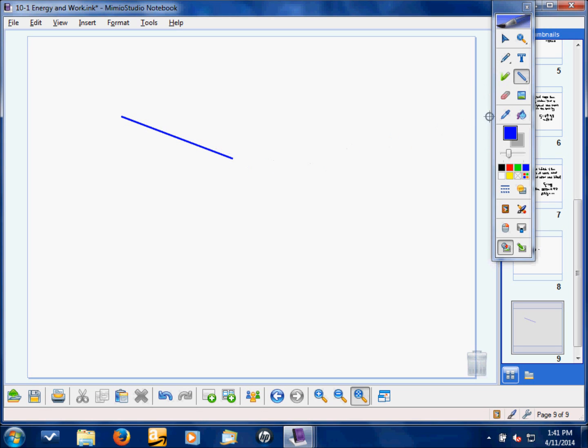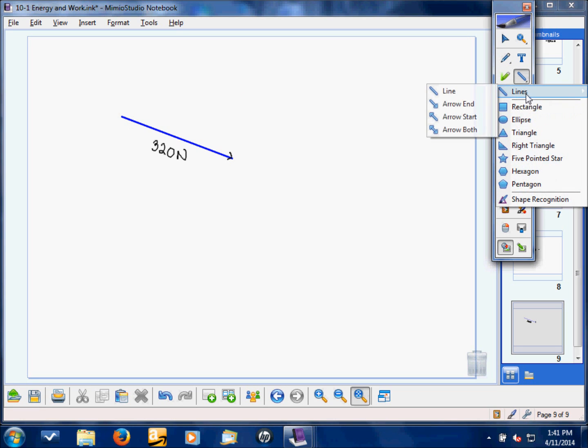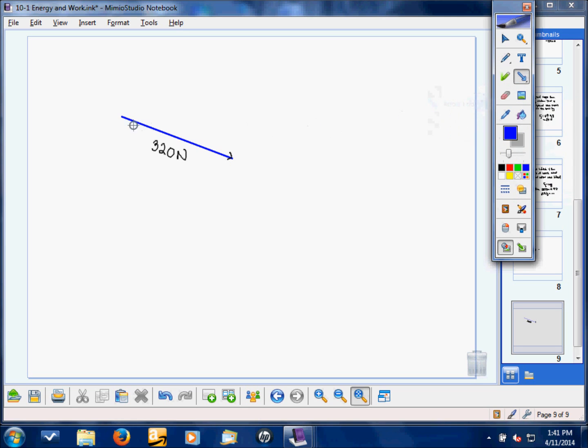Say that this one is a 320 Newton force, and it gets broken down into its components: a sideways component and a downward component. It's meant to be a right angle.